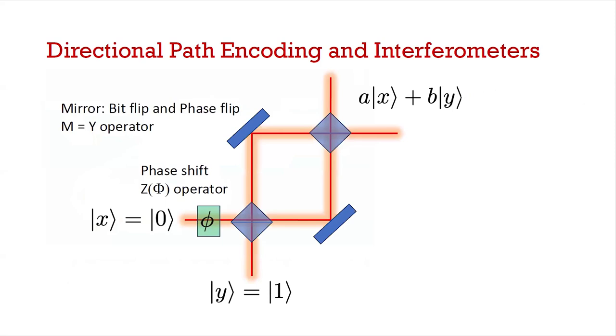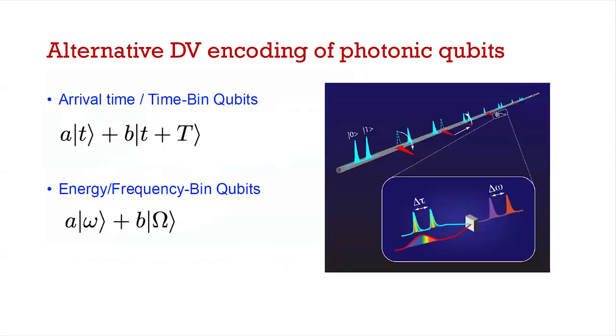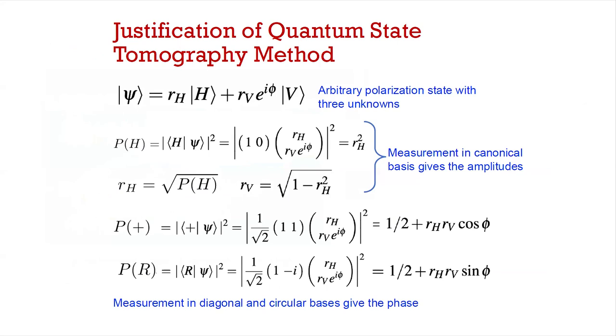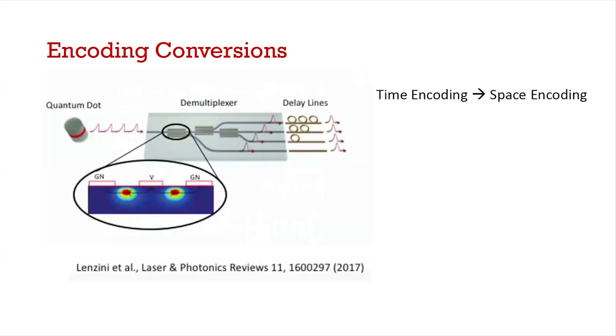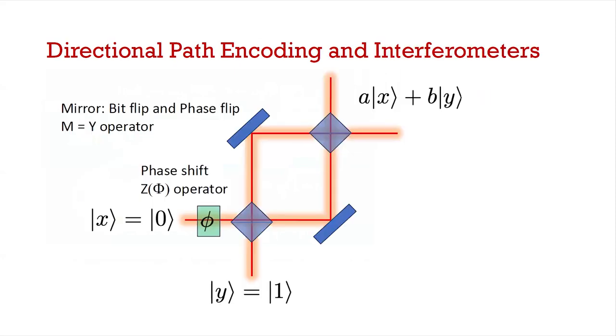Another possibility: we have seen polarization, time, and frequency discrete variables, and they are convertible. Also another possibility is to use direction of propagation as the discrete variable. In this case, for a qubit I need two different propagation directions, horizontal and vertical.